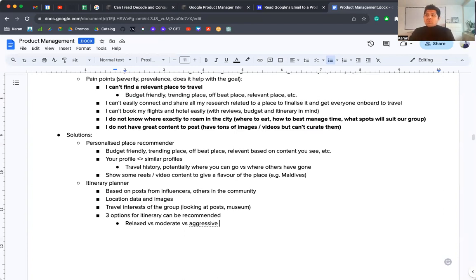So I think those angles can also be considered when we are suggesting the itineraries to our potential travel group. Yeah, and then obviously it has to be route optimized. So place one, place two, place 10, and then back home. And there has to be lunch and best places to eat, and all of those things in consideration.